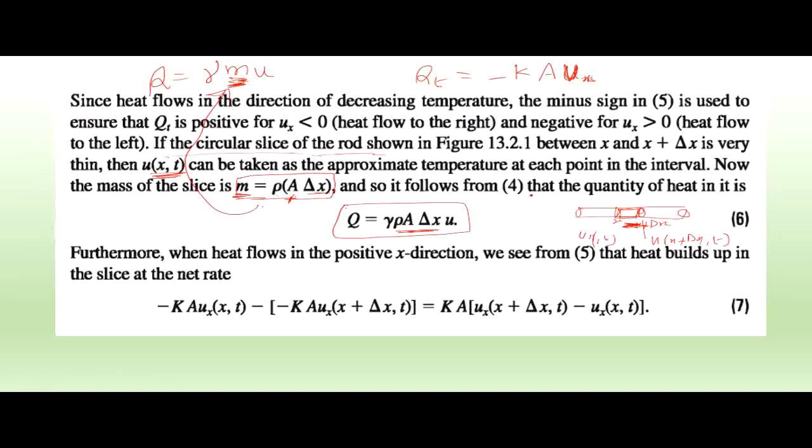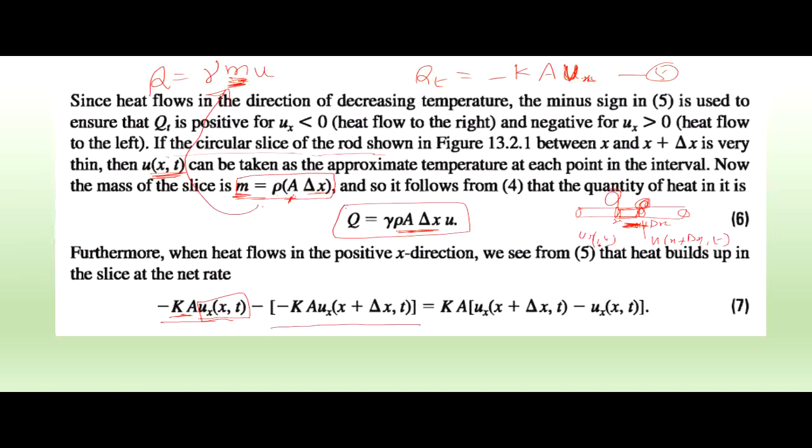Now from the Qt equation, equation number 5, when heat flows in the positive x direction, the heat builds up in this particular slice. At this point the Qt is this one, and at the end point of the slice the Qt is this one. What is the difference? Only k and A are the same; Ux is different.